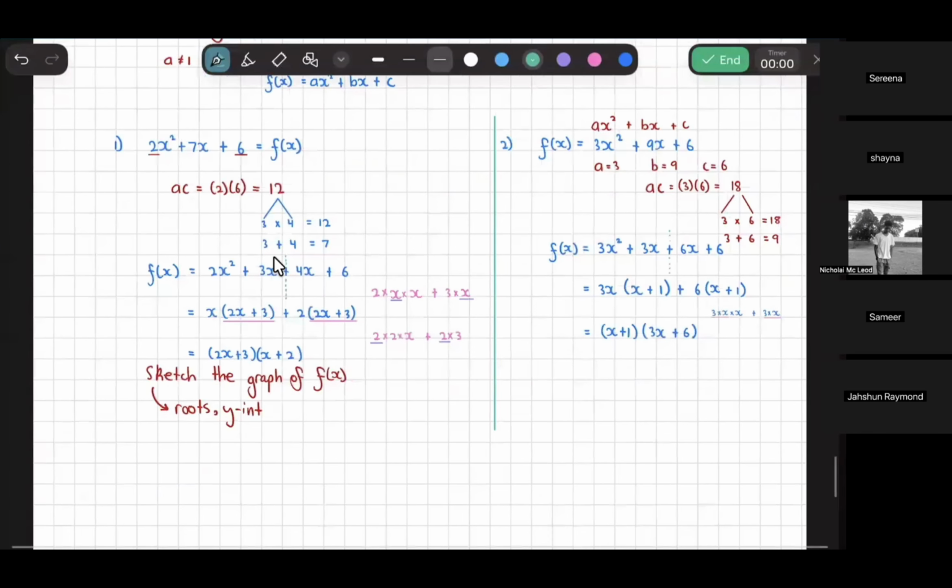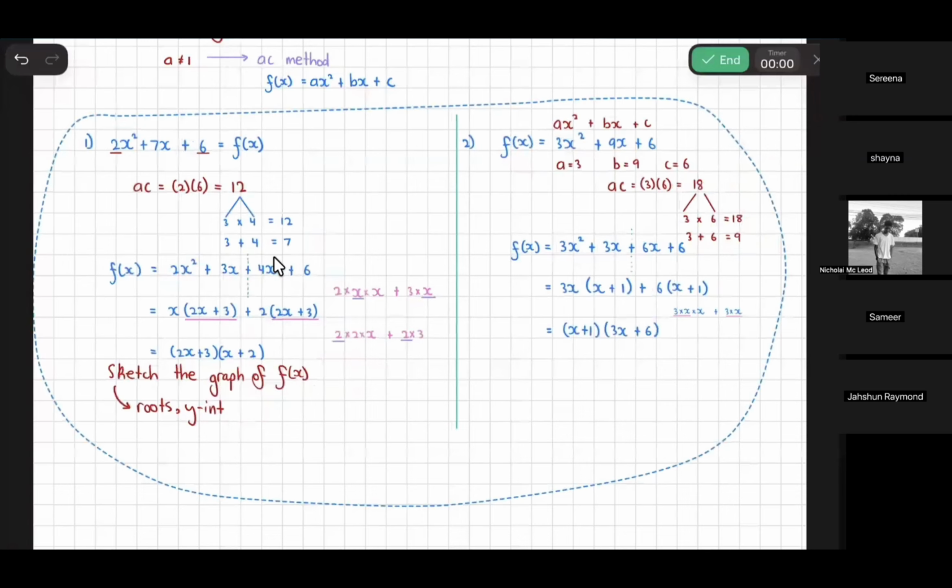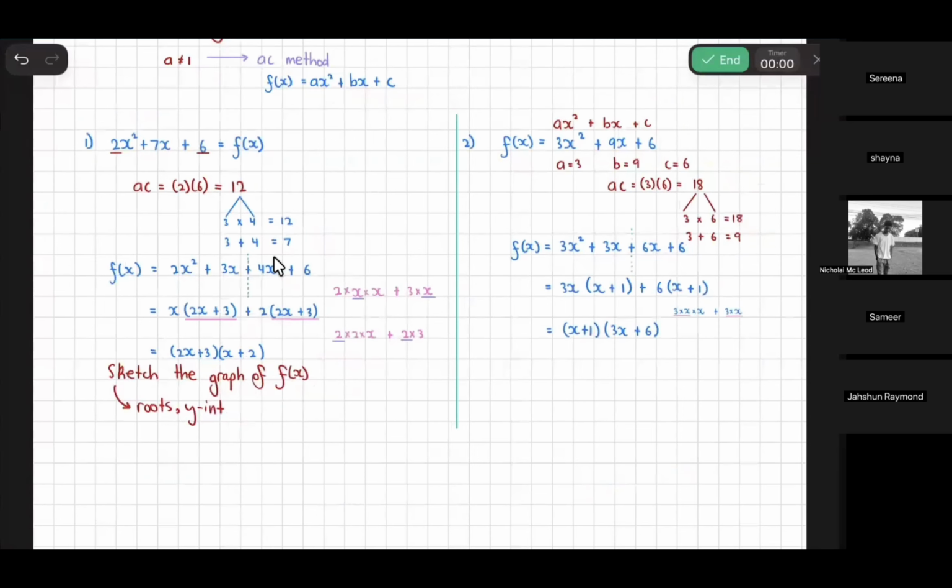Is there anybody in class at this point still really confused by the AC method of factorization? If you understand at least, let me know. I would appreciate that. Do you understand? Yes, sir. Okay, good.